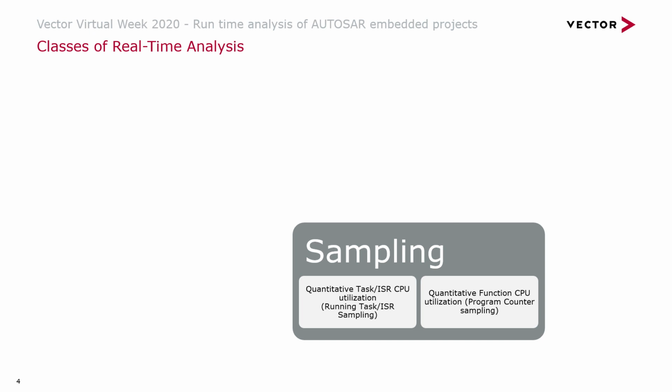This gives me a more or less accurate result and information on what is running when. Of course, this depends on the sampling rate. An alternative option, which is frequently used, is that during activation and termination of a task, you toggle a pin. And then you can see on the scope meter how long the actual runtime of the task is. So we take it as an example for the sampling.